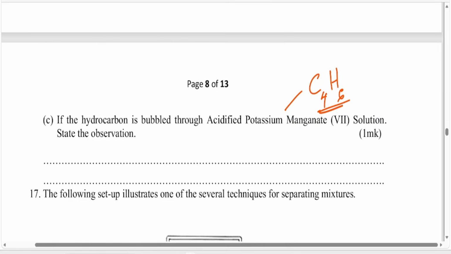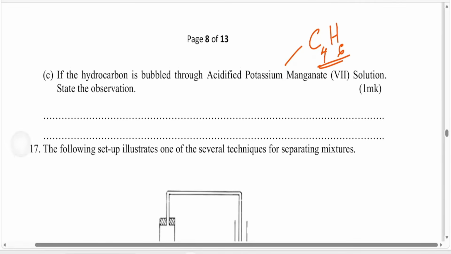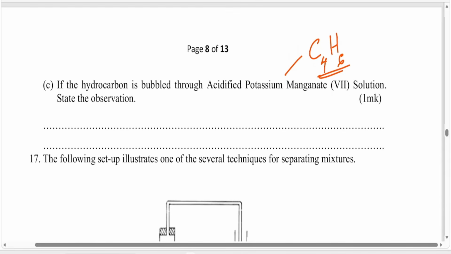And this being an alkyne, because of the presence of the triple bond, it is an unsaturated hydrocarbon, and it's supposed to decolorize acidified potassium manganate 7 solution.